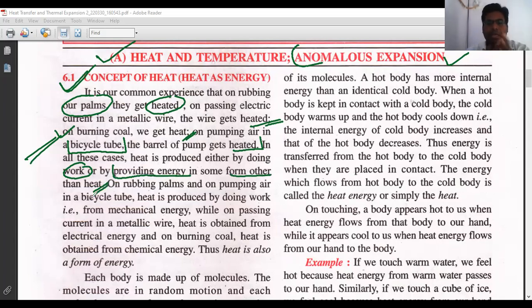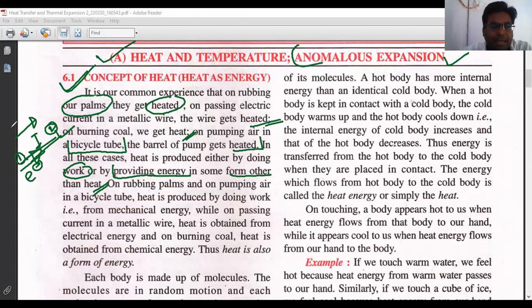When we are rubbing our palms, the molecules of the palm get heated, right? And when we are passing current through a wire, electrons transfer energy from one point to another, and over a long duration the wire gets heated, right?